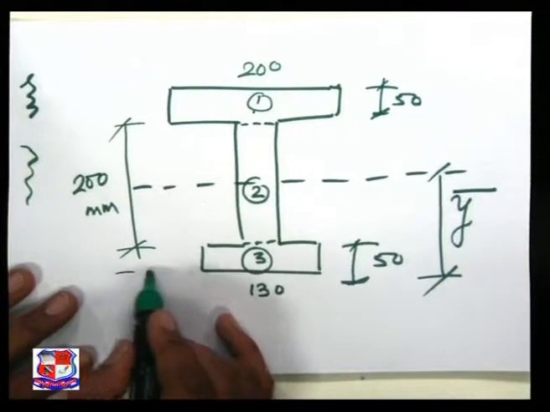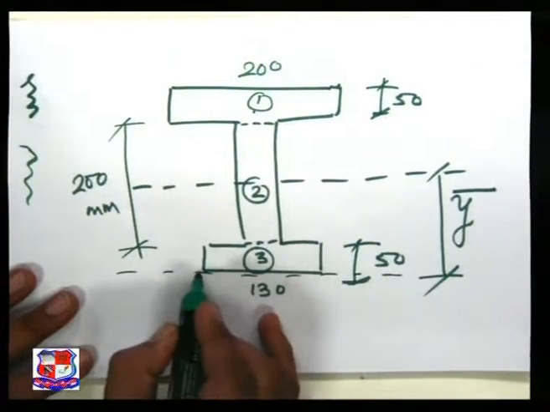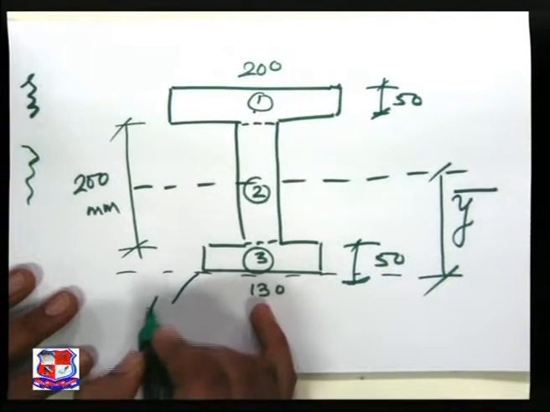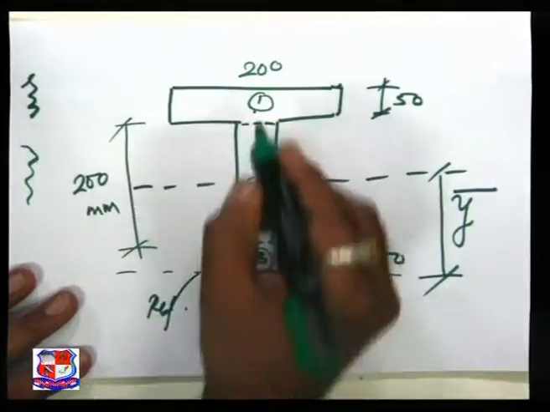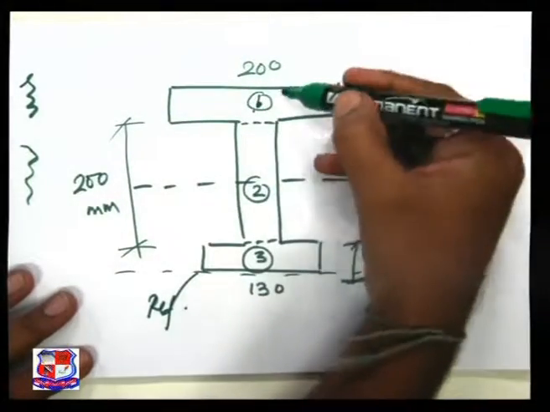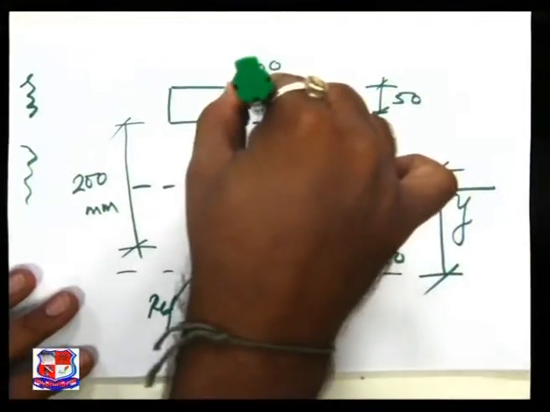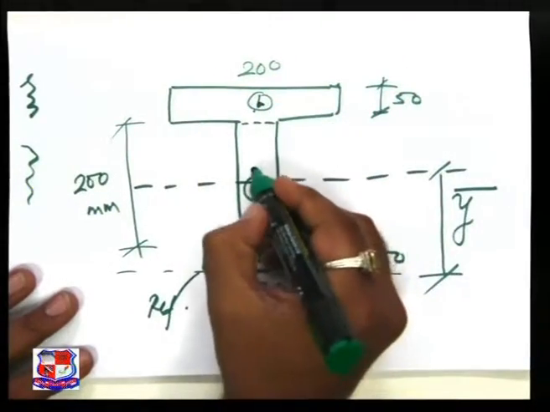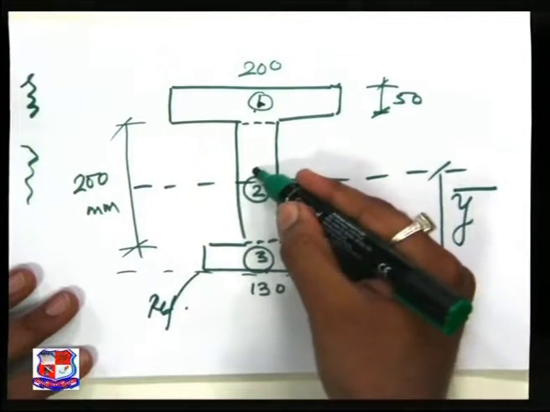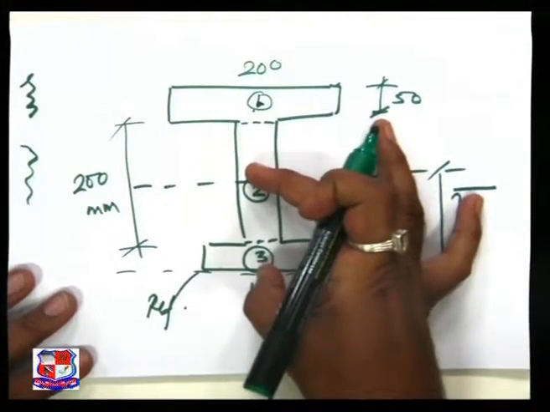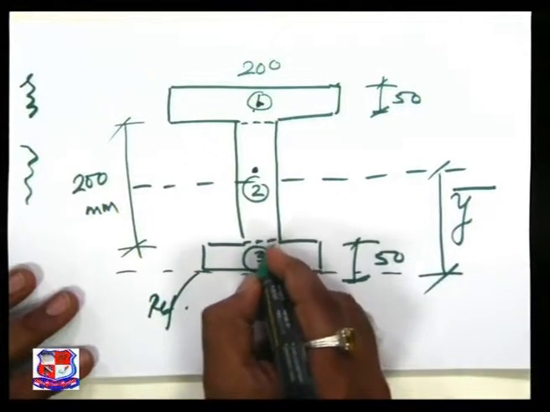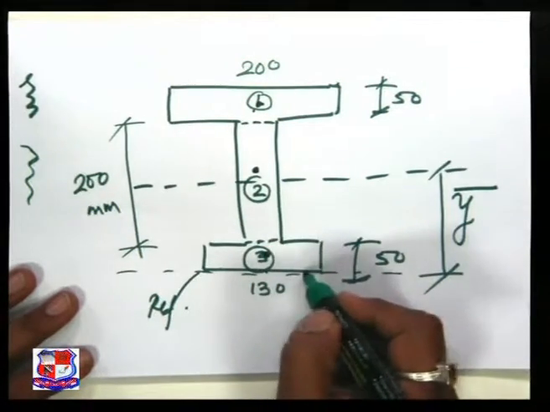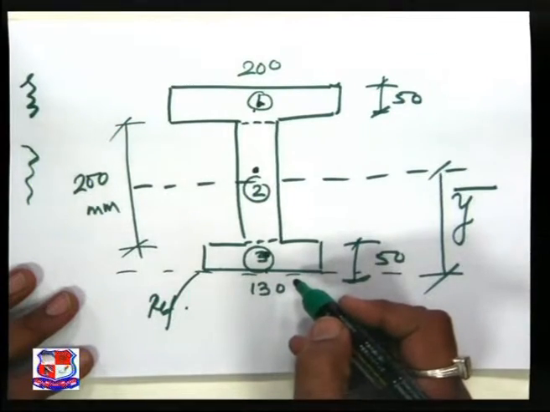Right now we have taken the bottom part of the flange as the reference axis. So y1 is the distance of the CG of the first area to the reference axis. This is my y1. If this is the CG for the second figure, then this is y2, and this will be the CG of the third figure. Then 50 by 2, that is 25, is my y3.